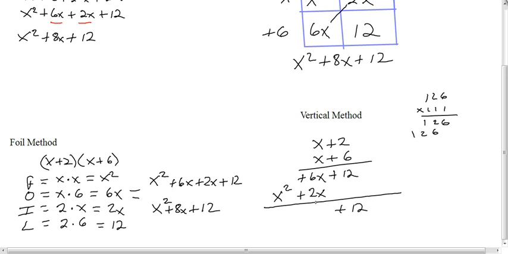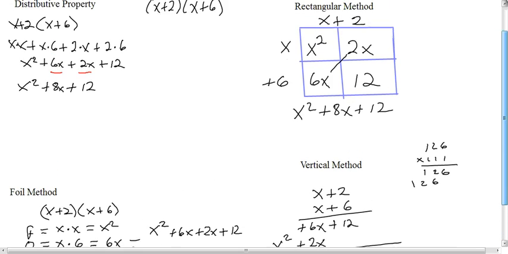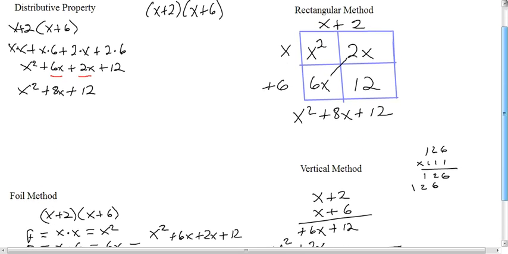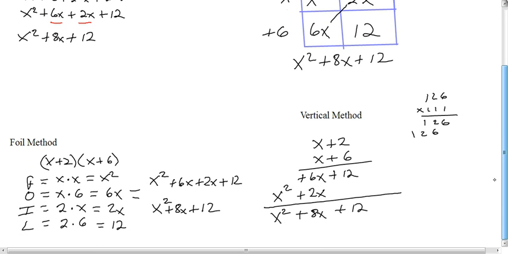Plus 12 plus 8x, and bring down your x squared. Just that simple. So we really need to just concentrate, focus on the rule, and we can easily use either one of these forms, whichever is easy to you, to multiply a binomial times a binomial.